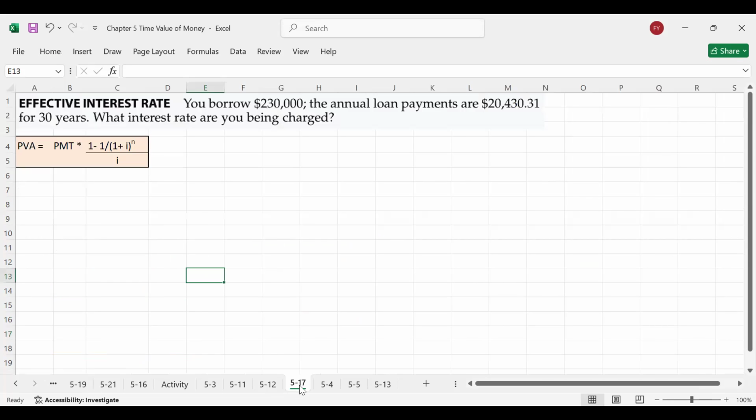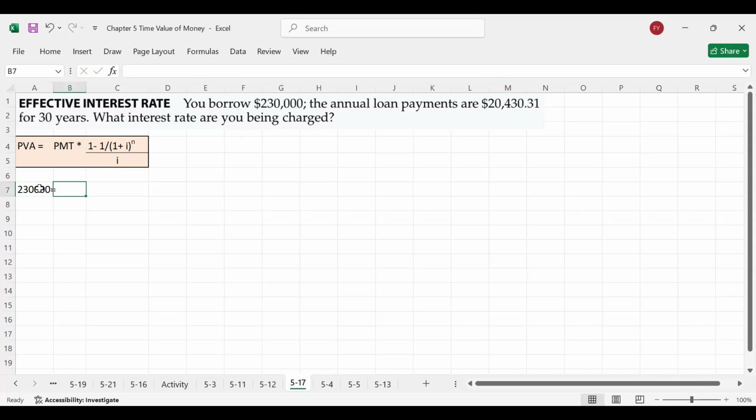So the last problem for the current lecture is 5-17. Again, you borrow 230, which is your present value. The annual loan repayment amount is given. So what interest rate are you going to charge? N is 30 years. What we do with the present value, we have $230,000.